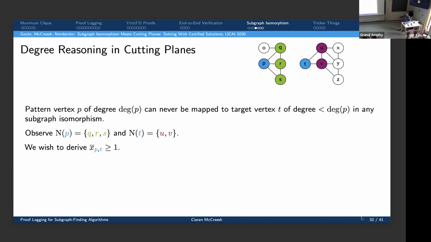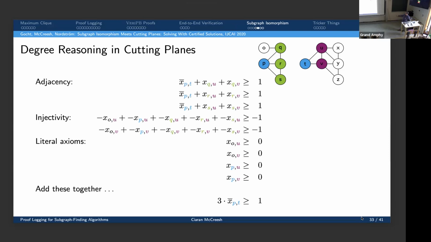In this particular case, we're trying to derive, okay, not xpt is greater or equal to 1. We're going to take our adjacency constraints, so p mapping to t tells us where q can go, where r can go, and where s can go. We're going to take the injectivity constraints on u and v, so on our target graph vertices.